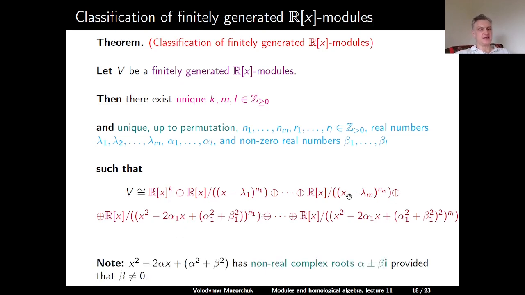Please note that for these last direct summands, the polynomial x squared minus 2 alpha x plus alpha squared plus beta squared has non-real complex roots alpha plus minus beta i, provided that beta is non-zero. So this is how we use this condition that betas are non-zero real numbers.